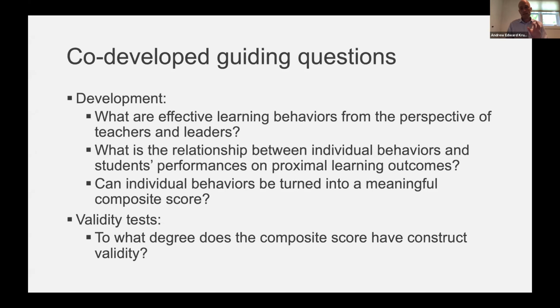And while this was in a partnership and the aims were very focused on what was taking place within the CMO, we were still trying to carry with us good measurement principles. Again, in this idea that if you're making a decision based off noise as opposed to signal, it can be as negative as not having data at all. And then specifically diving into some validity tests to increase our confidence that that composite score was measuring what we intended it to.